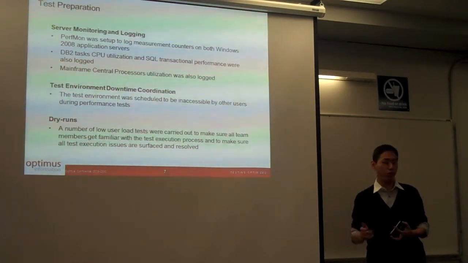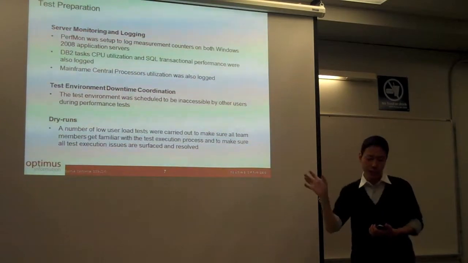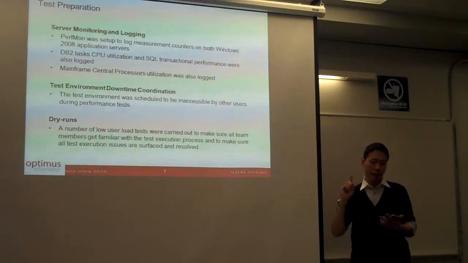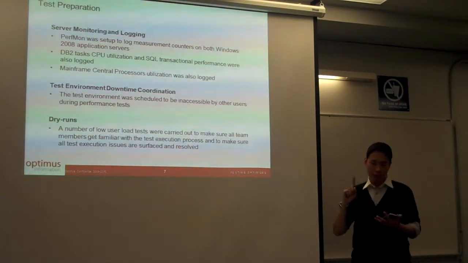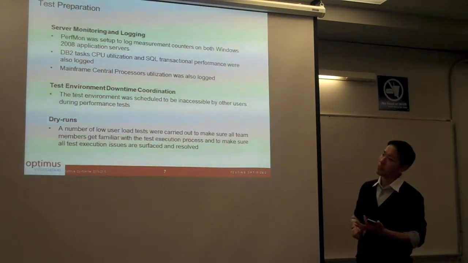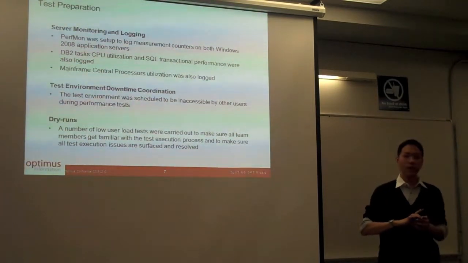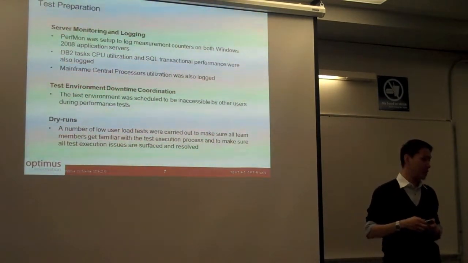All Windows machines will have perfmon. So we can set up perfmon to add different measurement counters, things like CPU utilization, available memory, page per second, process count per second, all these kind of different counters to monitor the health of the system or the utilization of the system.